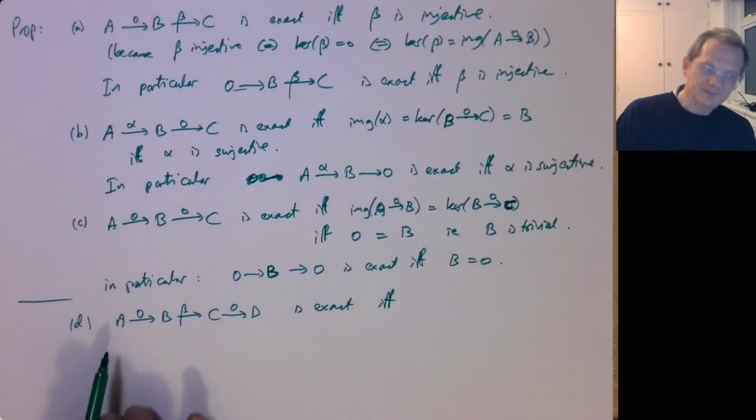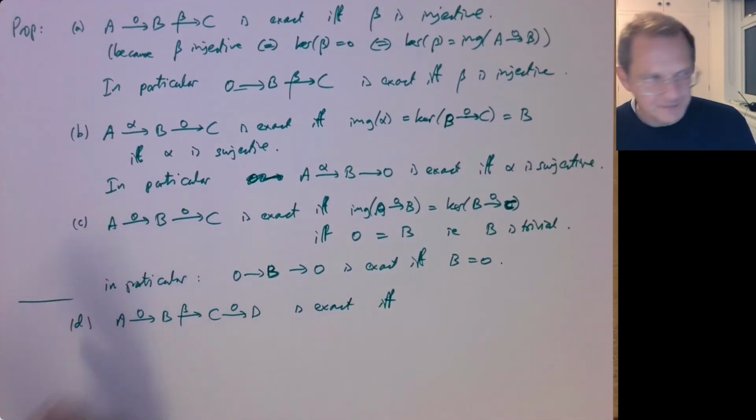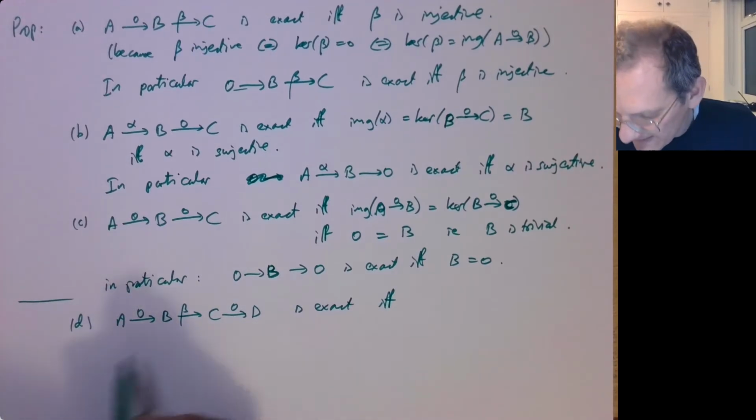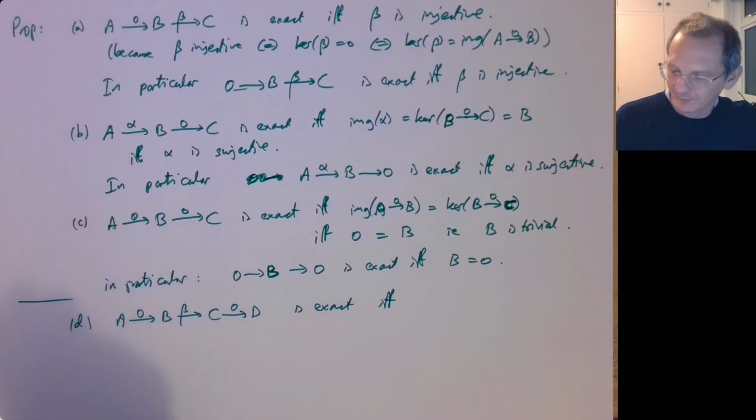And then what about a sequence like this? Remember, if we've got a sequence that's not just a 3-term sequence but a longer one, when we say it's exact, we mean that the image of each map is the same as the kernel of the next one.